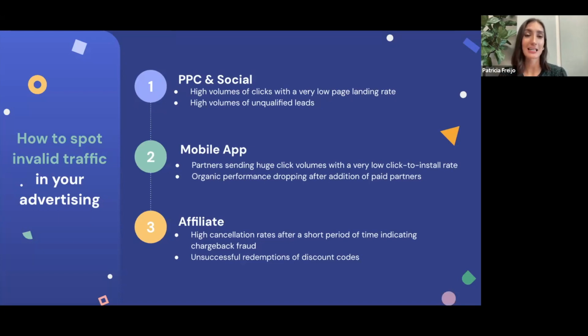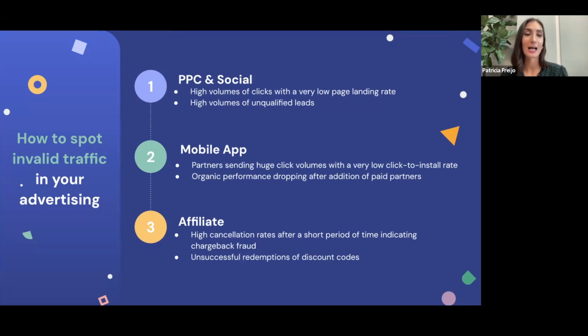And the reality is that if you're a brand doing digital media, you are going to be impacted by invalid traffic to a certain degree. We work with anyone from very small companies to large enterprise clients, and all of them are impacted by invalid traffic. The key here is to understand how much you're impacted and exactly what it is, so then you can deploy the tools to tackle it.